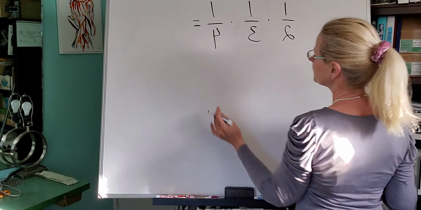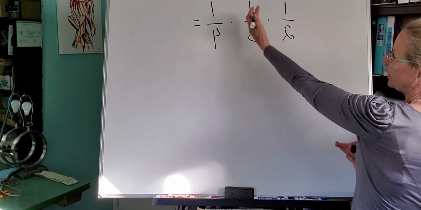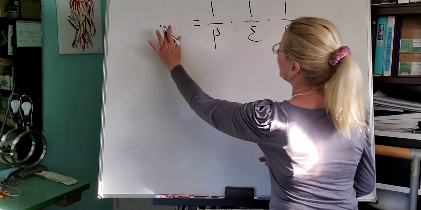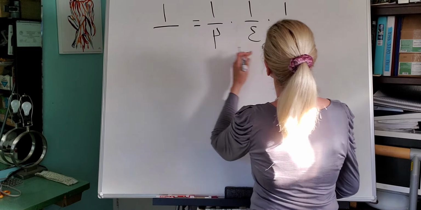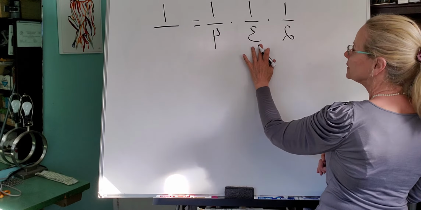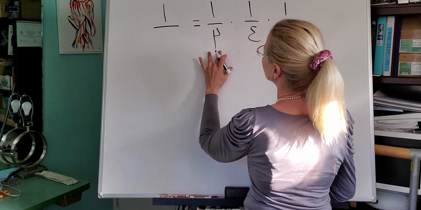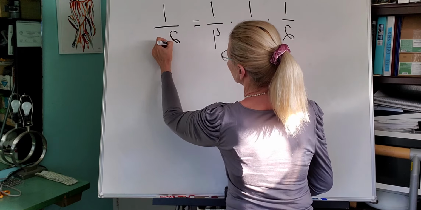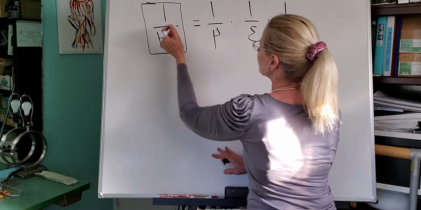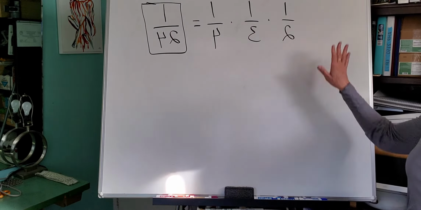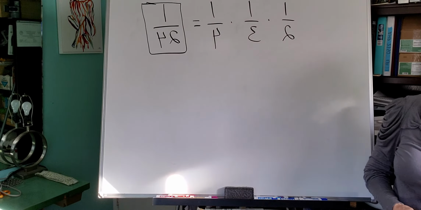We're going to do the same that we did with 2 fractions, but we're going to multiply all 3. 1 times 1 times 1 is 1, and 2 times 3 is 6, and 6 times 4 is 24. So our answer is 1/24. We still multiply straight across.